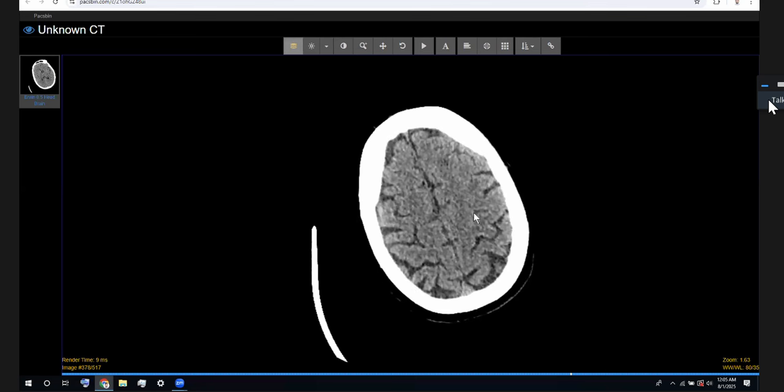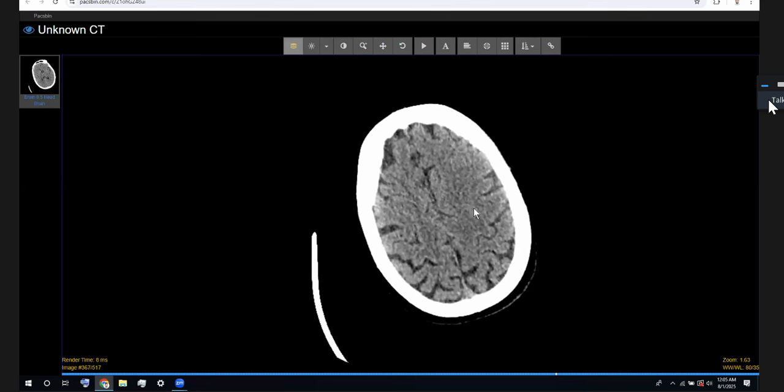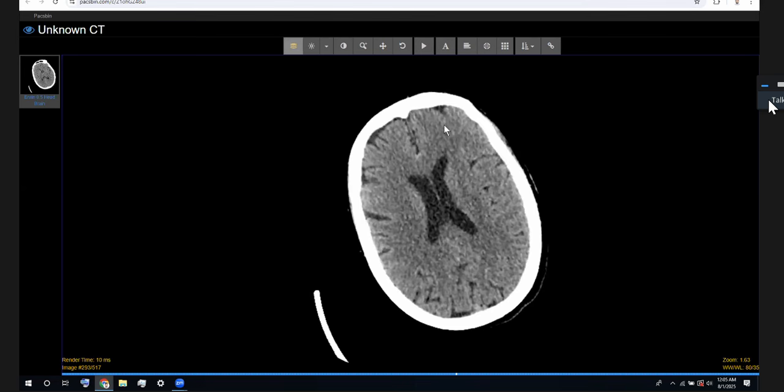The typical history for basilar artery thrombosis is GCS 3. So you've got to be thinking, okay, something bad has happened. Basilar artery thrombosis is a diagnosis not to miss, and that's why you should always trace the arteries.